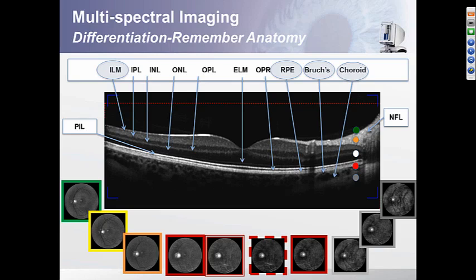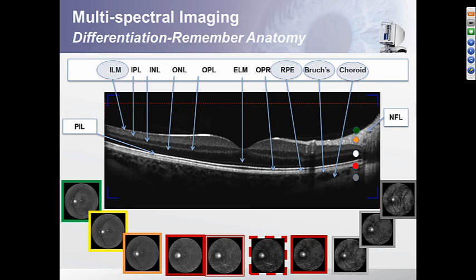As you move into the amber wavelength, you're going to primarily, not only, but primarily be visualizing nerve fiber layer. And as you move across all of the red images, you're going to primarily be looking at the anterior, middle, and posterior portion of the RPE. And in the near infrared spectral views, you're really visualizing choroid.